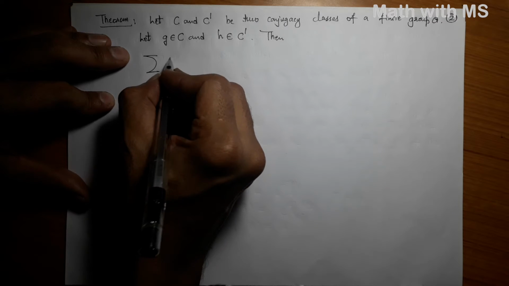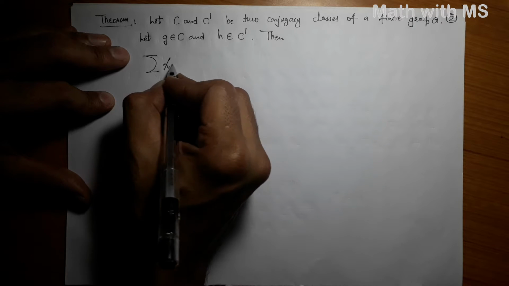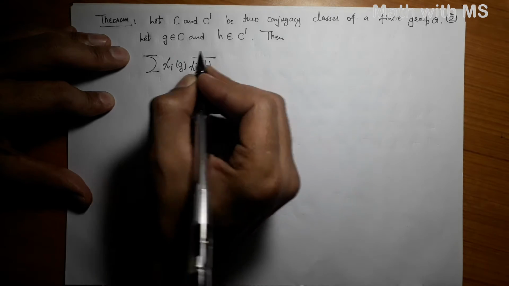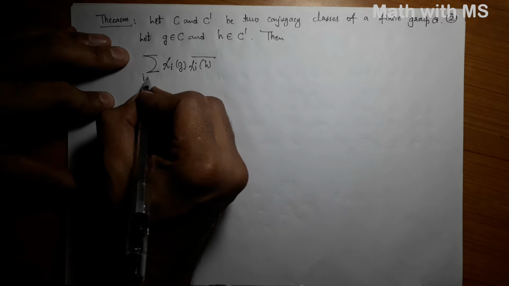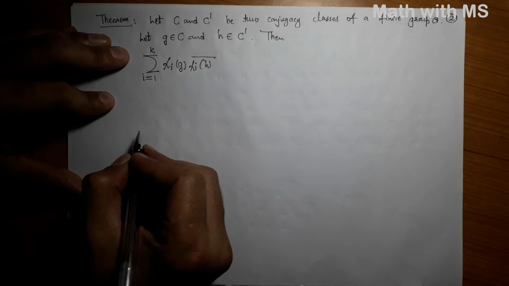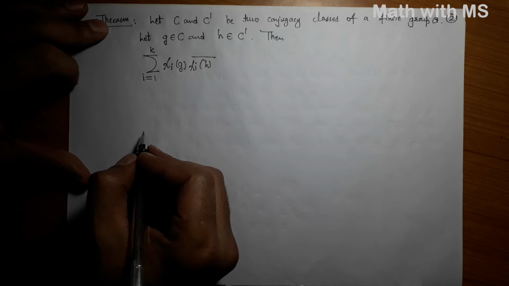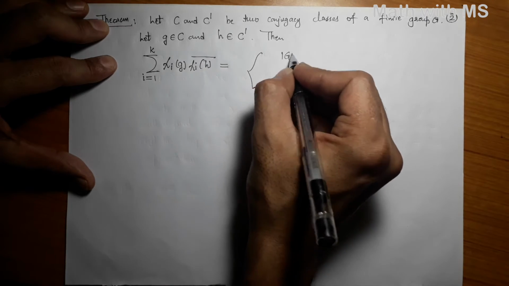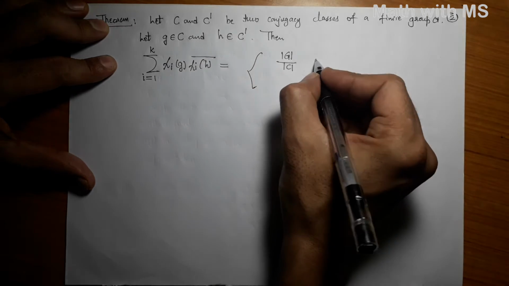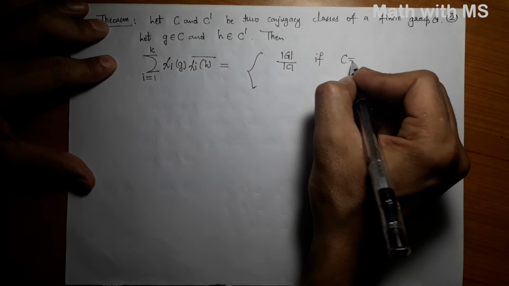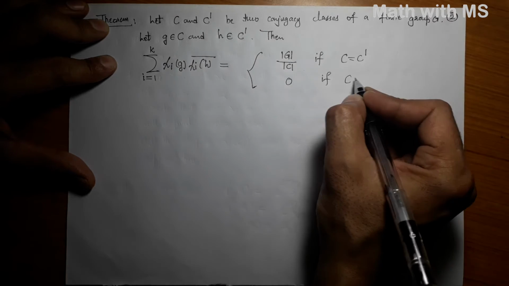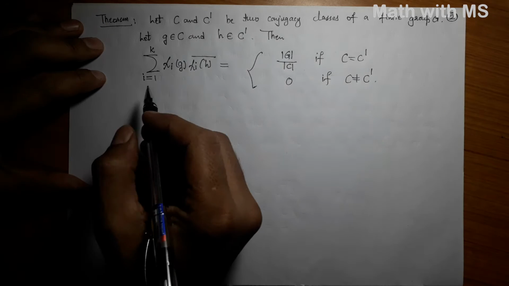Then the summation of chi i of g, chi i of h bar, i from 1 to k, is the same as the order of the group G by the order of the conjugacy class if C is the same as C prime, and 0 if C is not the same as C prime.